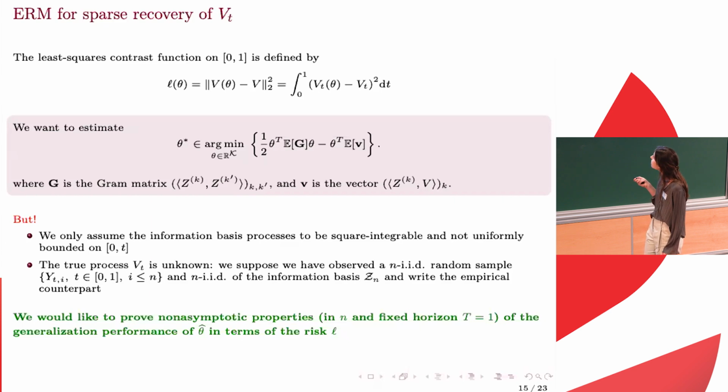And the goal is to be able to prove non-asymptotic properties in N, because we have fixed the time horizon T equal to 1 for simplicity, and generalization performance of theta hat. Okay, so we take an empirical risk minimization perspective to answer those questions.